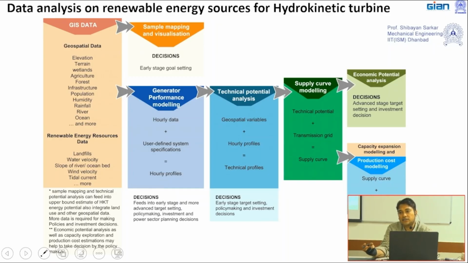That is an exercise of the water resource domain. Still, to estimate that water, different GIS data is required. It may be elevation, terrain data, or different land use data.